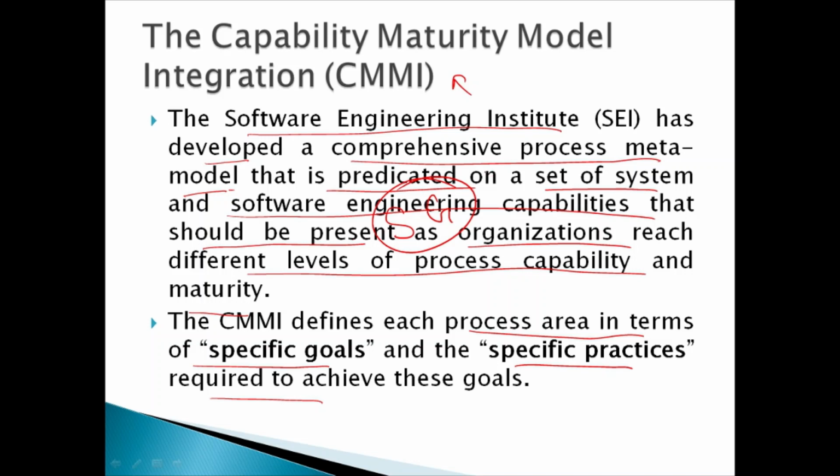So it defines the concrete goal. Next is specific practices. It refines a goal into a set of process related activities. So specific goals have been refined by specific practices.